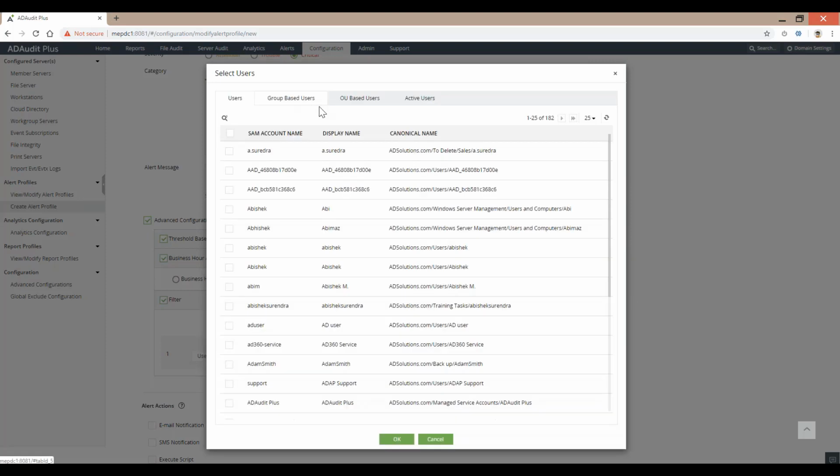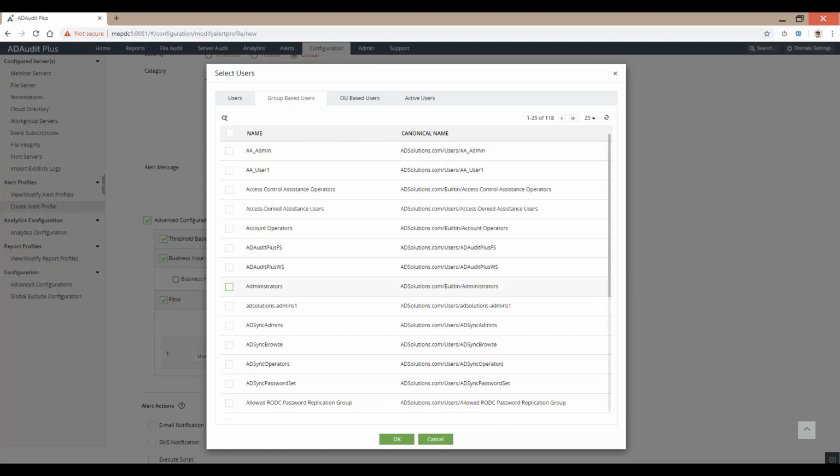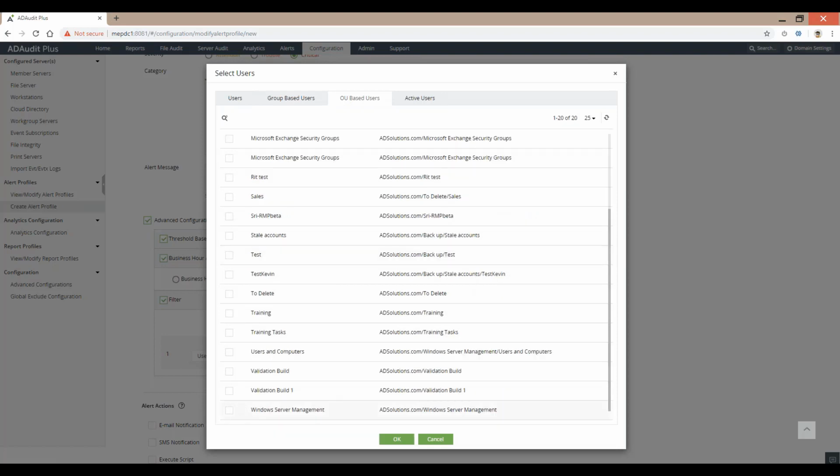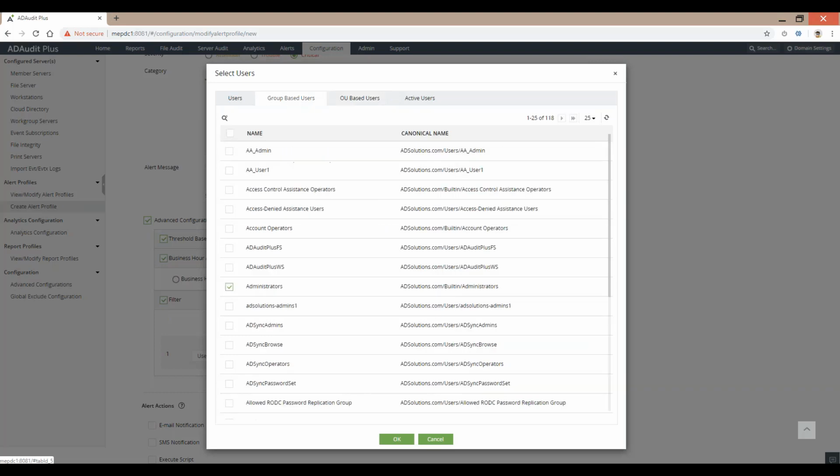If you want to keep track of all the users who are under the administrator group, you can say okay. Or if you want to go to an OU and pick all those users from a specific OU, let's say a critical group to your organization, all those users who can manage the Windows server are a part of this OU. So you would want to select that. Likewise, you can set the criticality based on the types of users, be it a classification based on group or a classification based on OU, and you say okay.